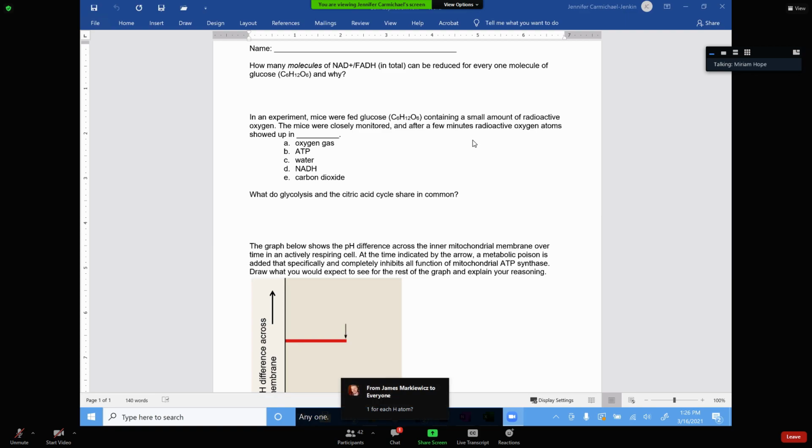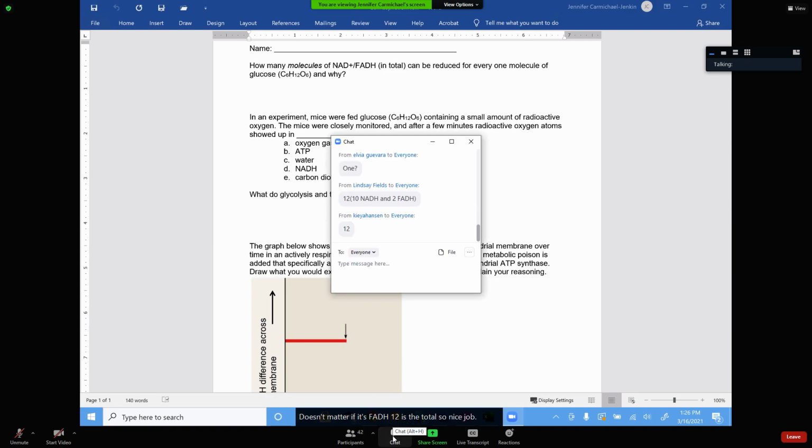Anyone at all? 12? 12, absolutely. There's 12 H's in glucose, so we can make 12 electron carriers. For every hydrogen there is, that's how many get pulled onto an electron carrier. It doesn't matter if it's NAD, doesn't matter if it's FADH, 12 is the total. So nice job.